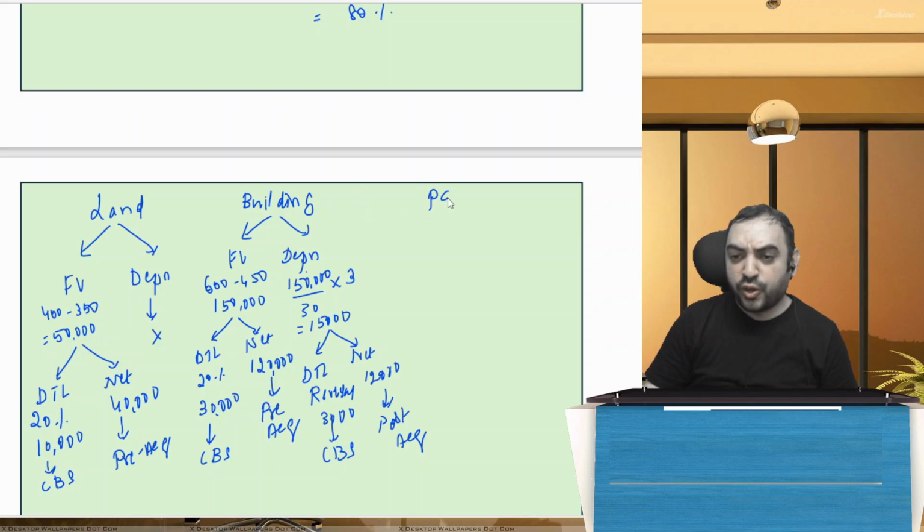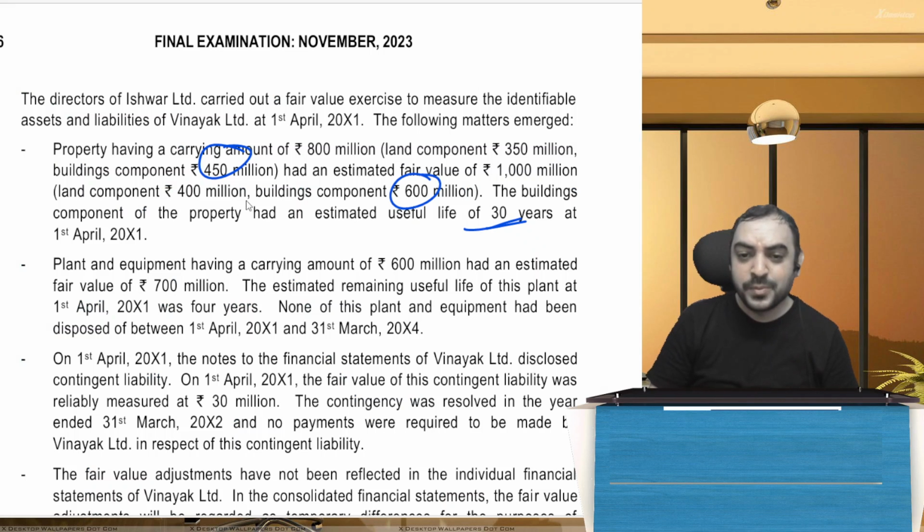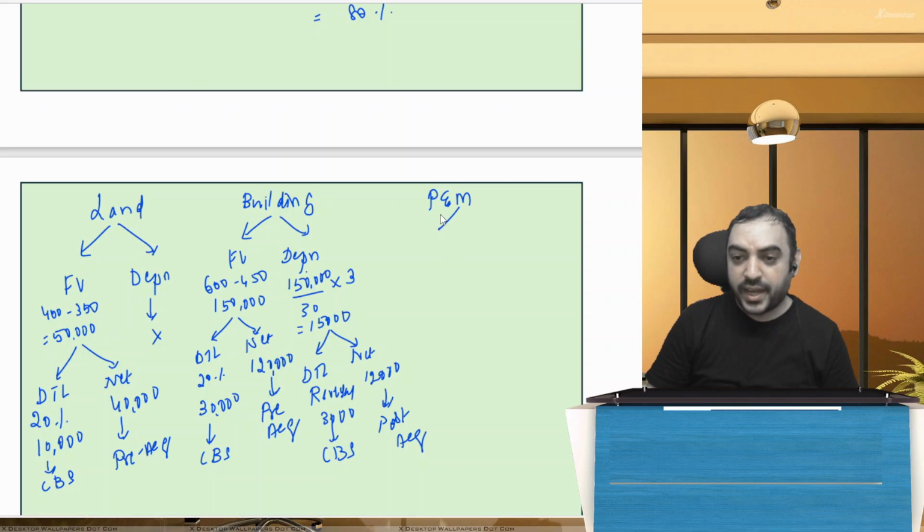Similarly, I will do it for plant and machinery. I hope you can also try this. I'll do it a little fast. Plant and machinery has a carrying amount of 600 and fair value of 700. So for plant and machinery, two parts: fair value, then depreciation impact. Fair value 700 minus 600 is 100,000.